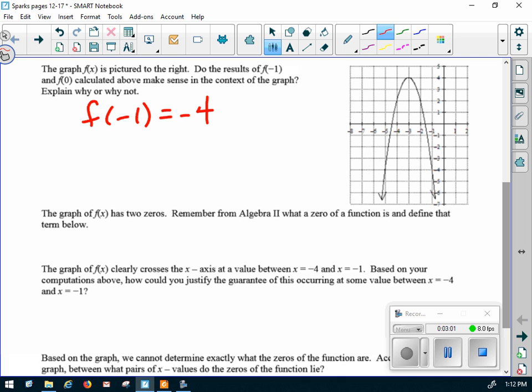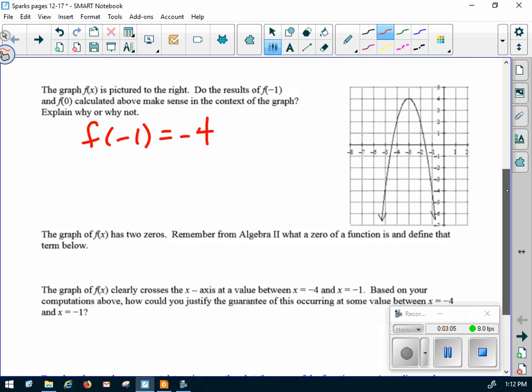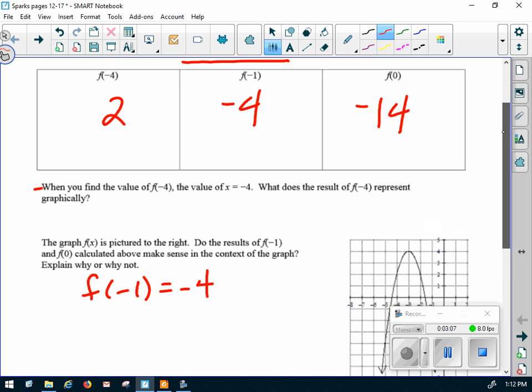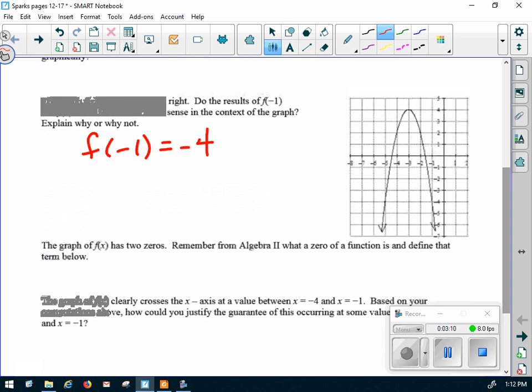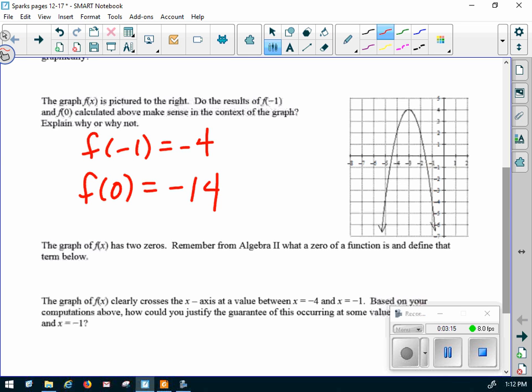You tell me if you don't understand something. We got that f of 0 is -14. Does that make sense in the context of the problem? Why?